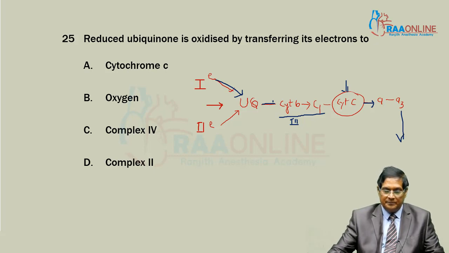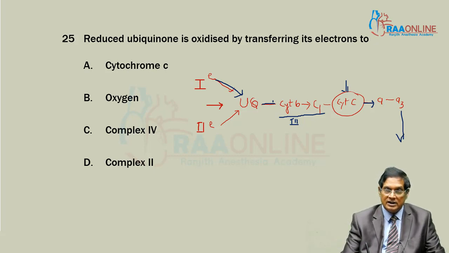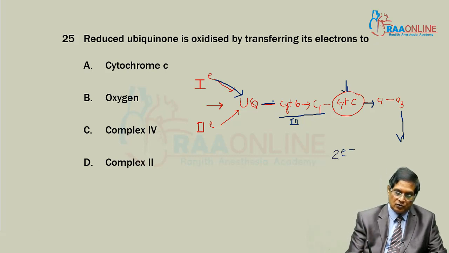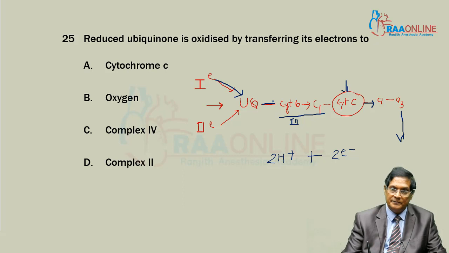From A3, 2 electrons are released and they combine with the 2 positively charged protons.